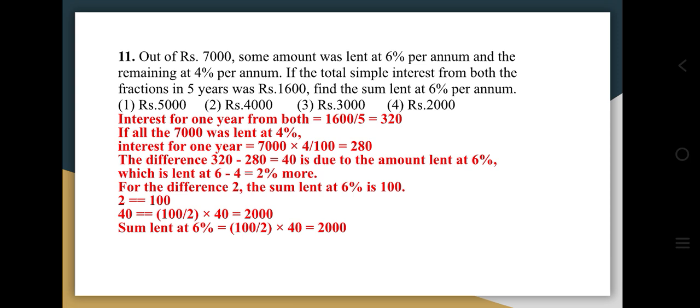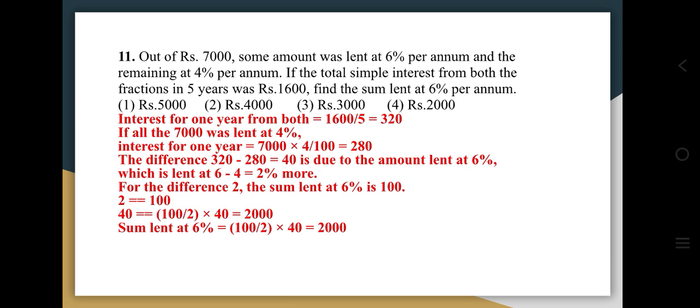What we are going to assume is, suppose all the amount was lent at the lowest interest rate. Here the two interest rates are 6% and 4%. Among the 6 and 4, the smallest is 4%.